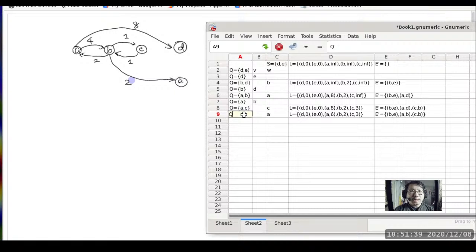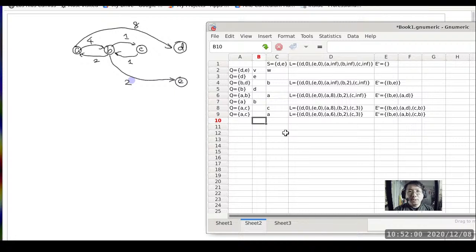I'm also adding A to Q. Since A is already in Q, it doesn't seem to change, but that update is still there. So now that we're done with CB and AB, we have exhausted all the incoming edges to B, and now it's time to move on to the outer loop at the beginning.